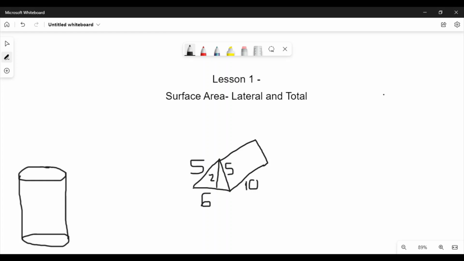So there's a shortcut, as I said, and there's a longer one, but I'm going to show you both. Let's start off with the longer one. You have to find the area of each rectangle or base, or each area of each shape.